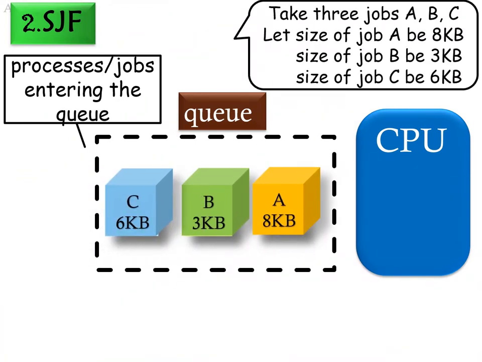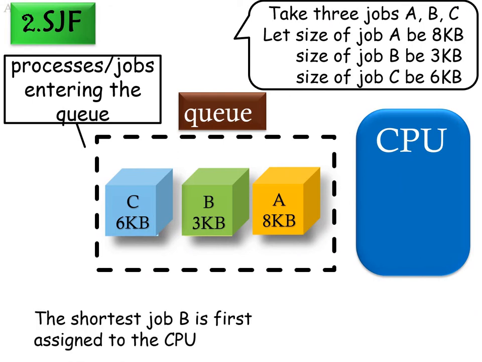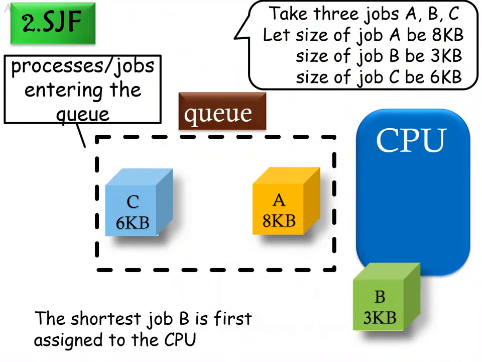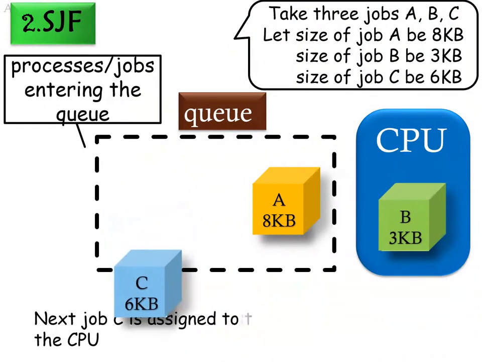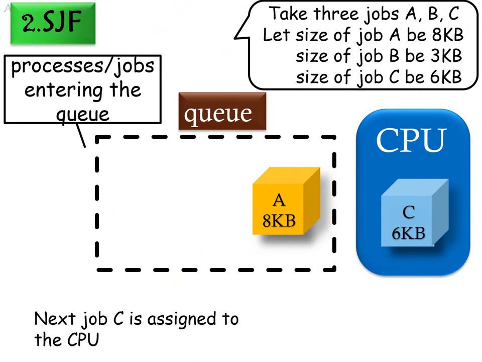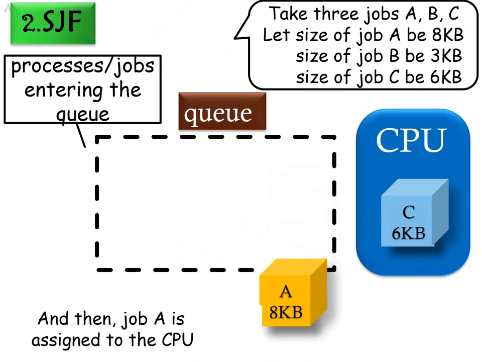Take 3 jobs A, B, C. Let size of job A be 8 kilobytes, size of job B be 3 kilobytes, and size of job C be 6 kilobytes. The shortest job B is first assigned to the CPU. Next, job C is assigned to the CPU, and then job A is assigned to the CPU.